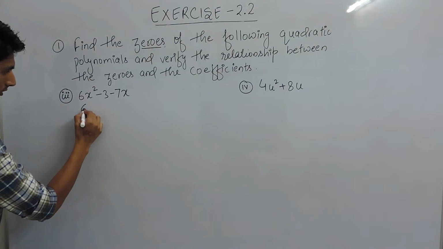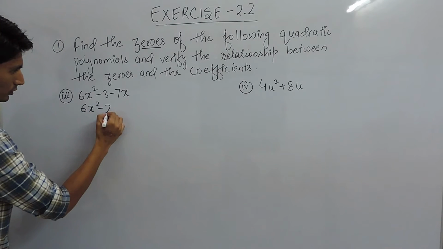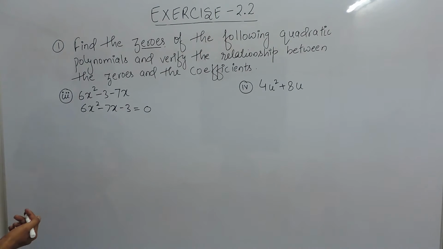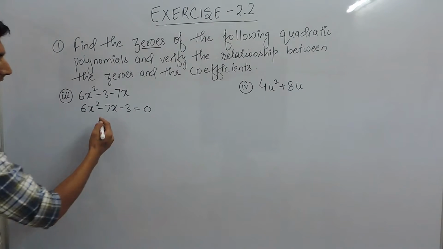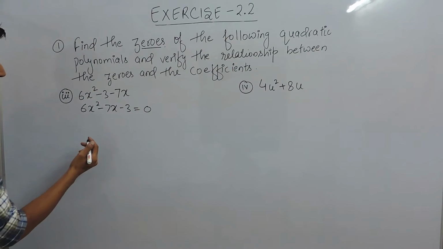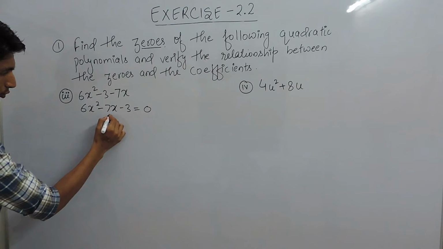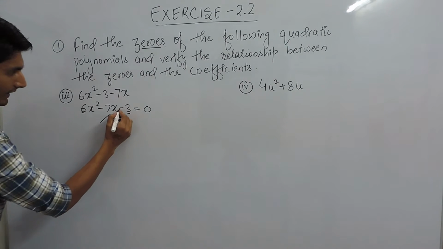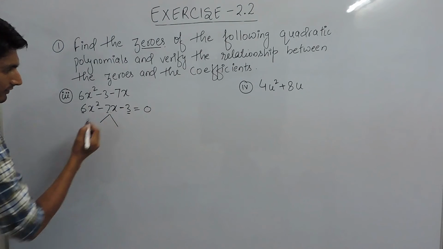This is not in standard form, so first of all make it in standard form, and because you have to find the values of zero, make this polynomial equal to 0. After that you have to break 7 into 2 parts such that multiplying them will give 18 and subtracting them will give 7.